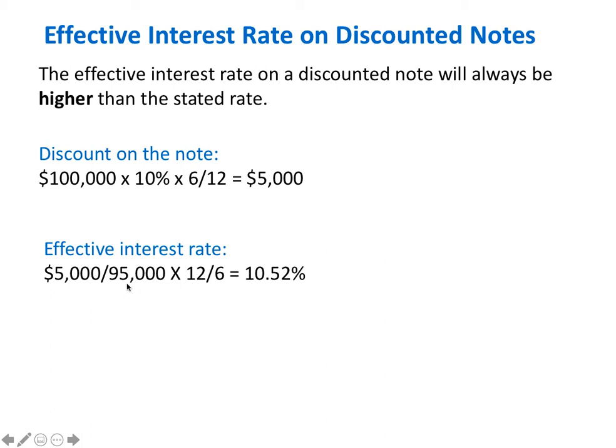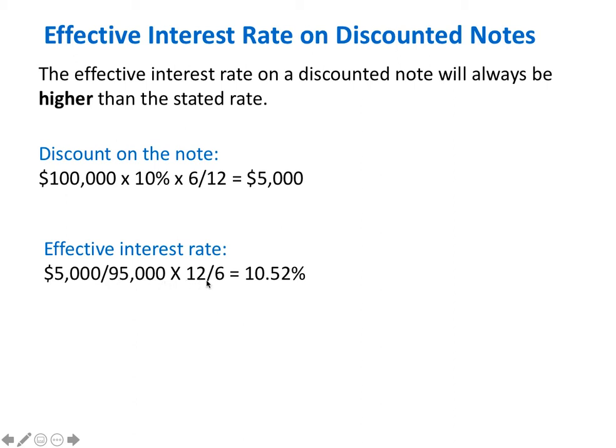So this will give us the effective 6-month rate. We then have to annualize it back out to get the effective annual rate of interest on the note. We're just doing the opposite of what we did to prorate the discount. Instead, we prorated it by multiplying the annual discount by 6/12.